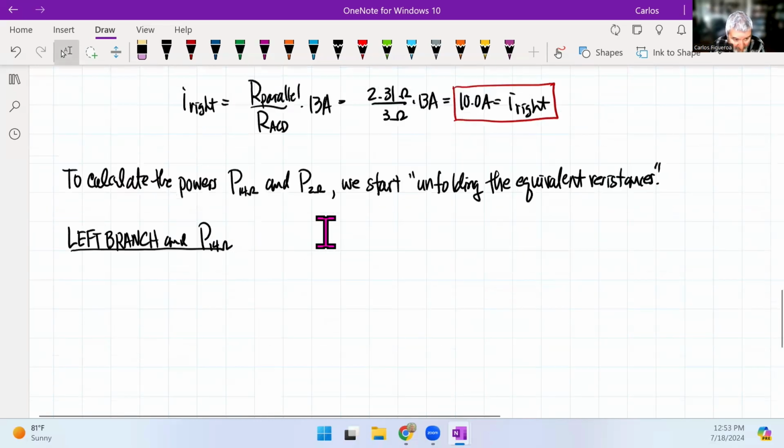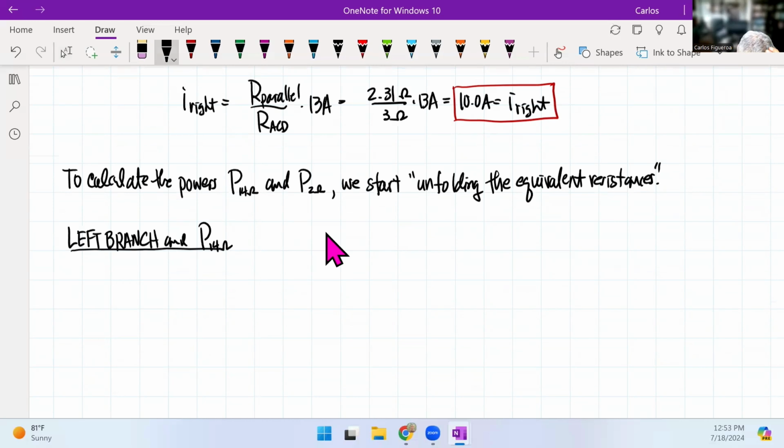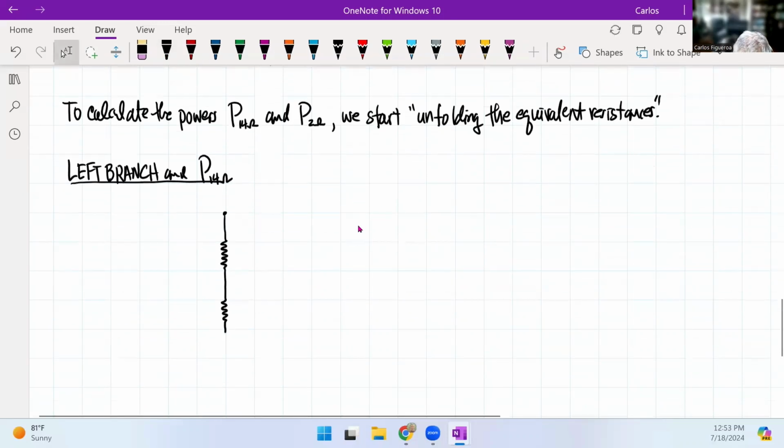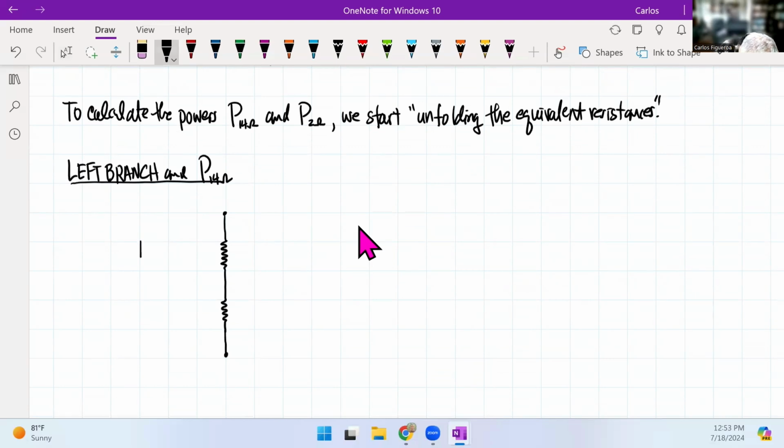So if I follow my sequence of unfolding, I know that, how do I draw this nice and neat? I know that I have to have this guy. And I have a single resistor, and that's our equivalent.